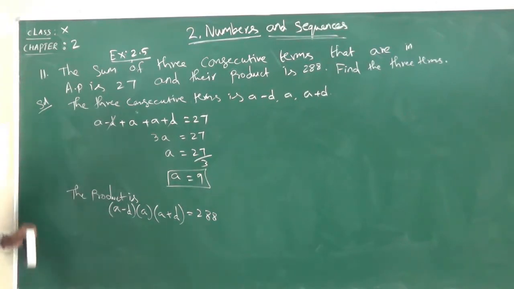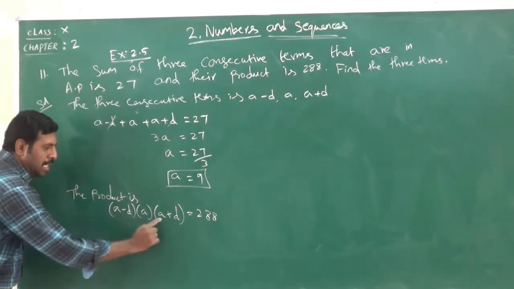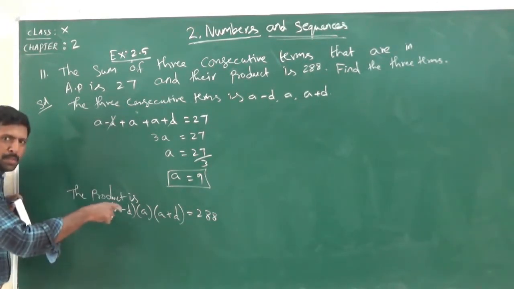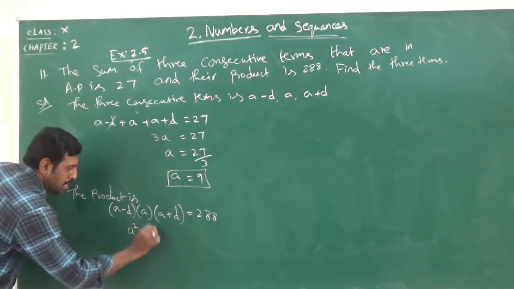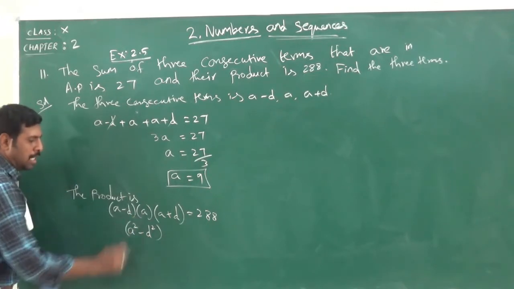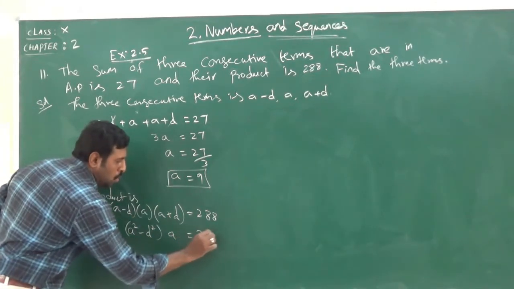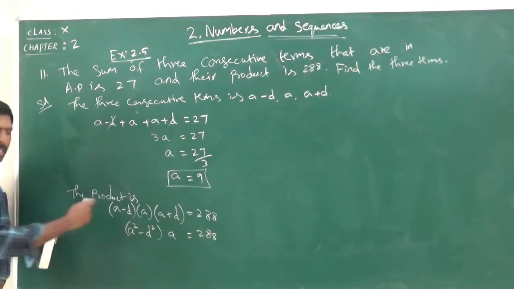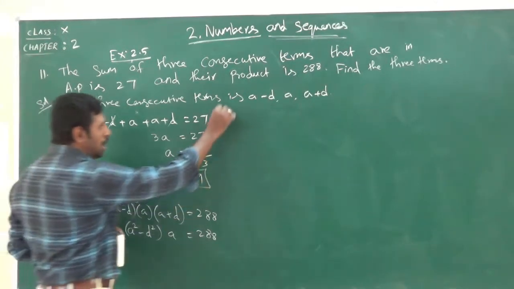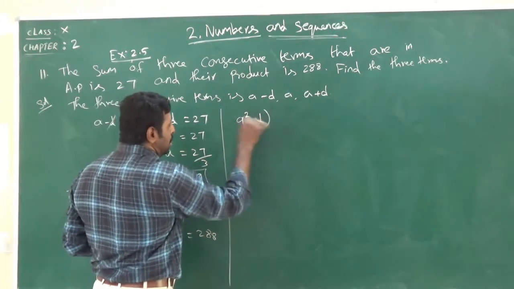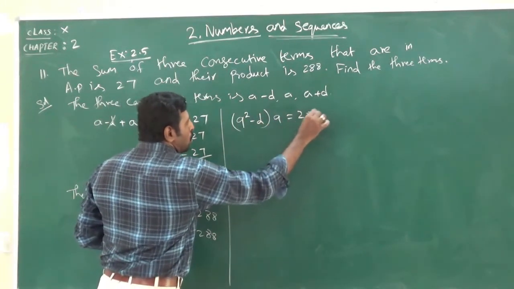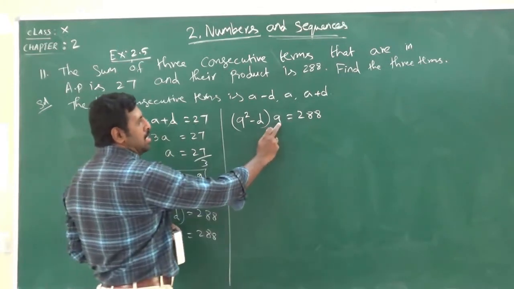Now when we multiply this, here we have a minus d and a plus d. It is in the form of the a plus b and a minus b formula. So we can write it as a square minus d square into a is equal to 288. Here we know the a value, right? So now apply the a value. Here we have 9 square minus d square into 9 is equal to 288. Now I take this 9 to the other side.